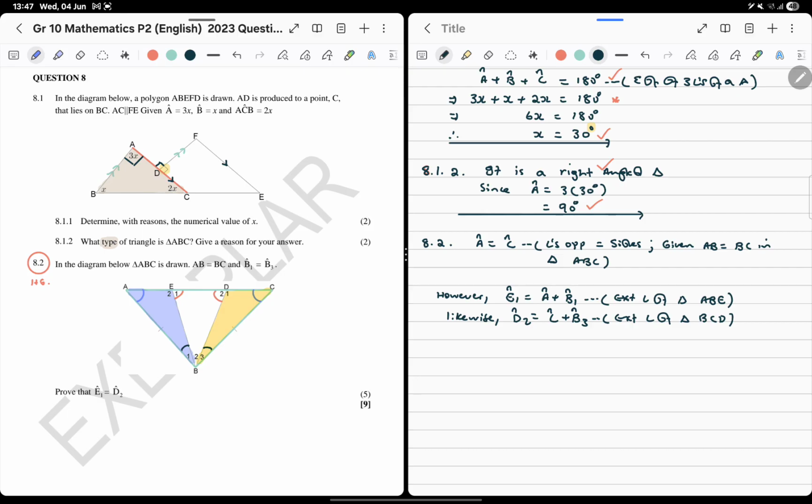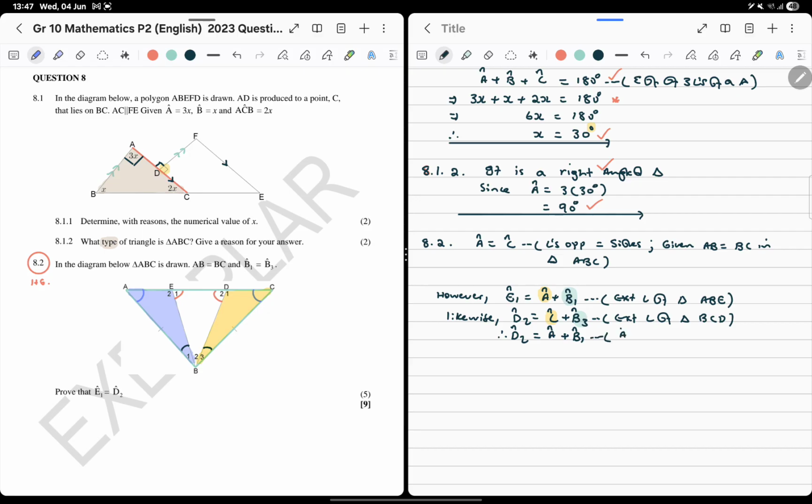Okay, now, do you see what we have here? We know that A is equal to C. We know that B1 is equal to B3. So what we're going to say, we will say therefore, D2 is going to be equal to A plus B1. You need to show that they are equal to the same measure. Why is that?